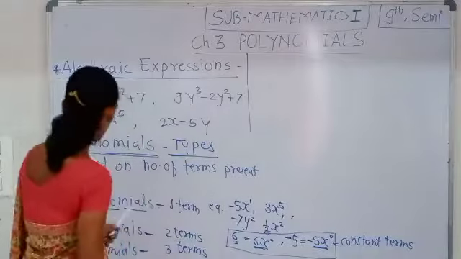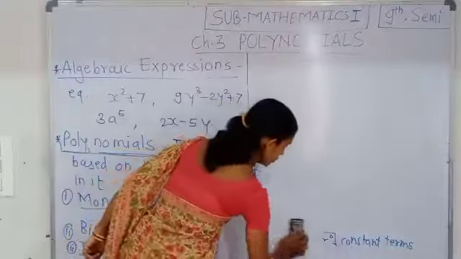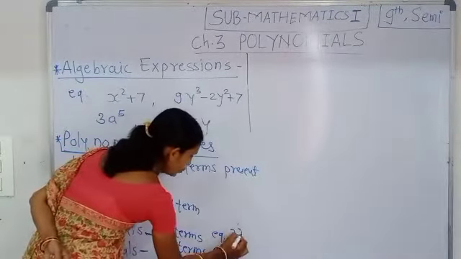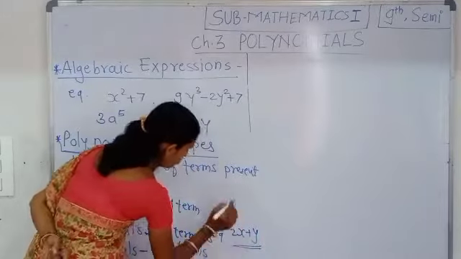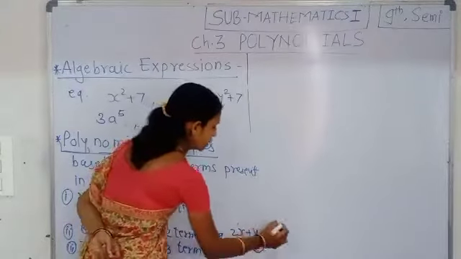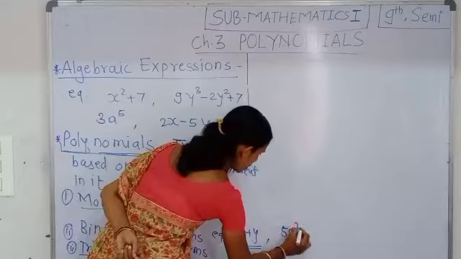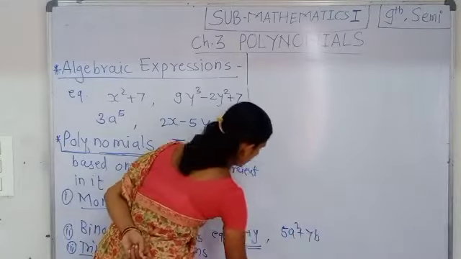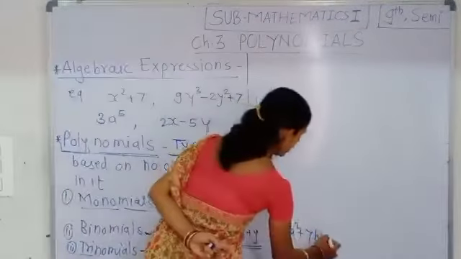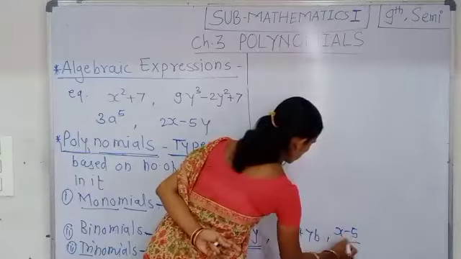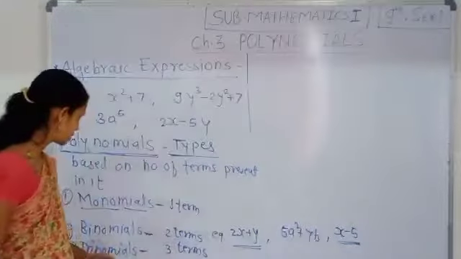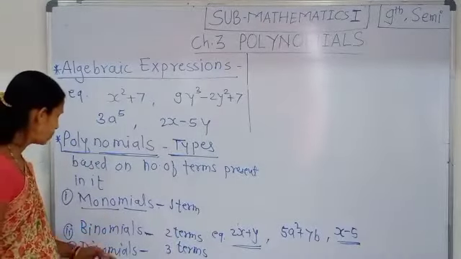Then examples of binomials. See here a few examples of binomials. For example, 2x plus y is a binomial; here two terms are there. Then 5a square plus 7b is also an example of a binomial, as well as x minus 5. Those are a few examples of monomials and binomials.